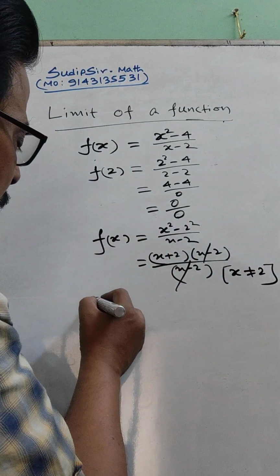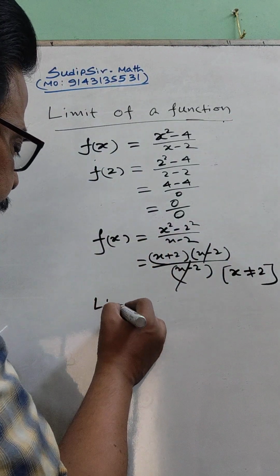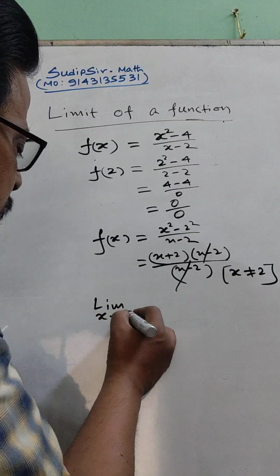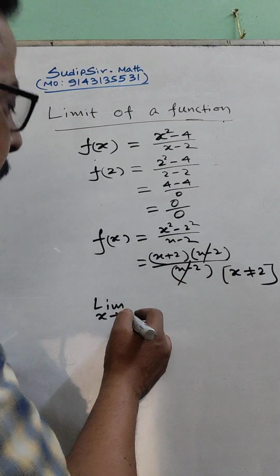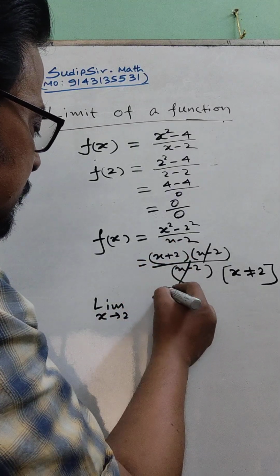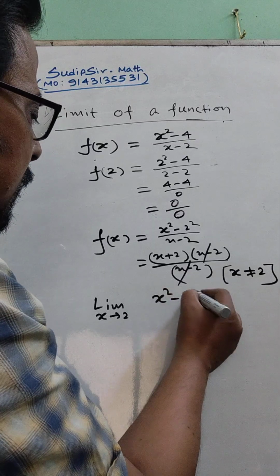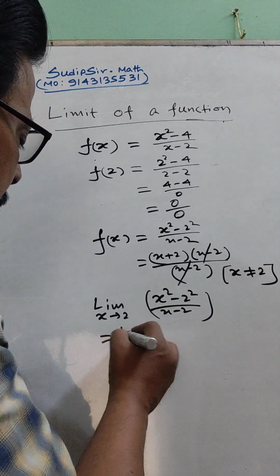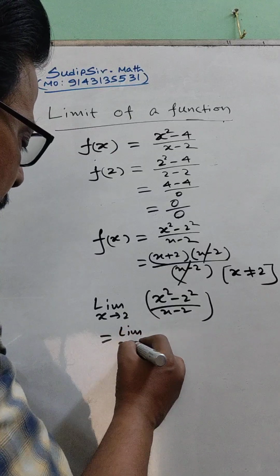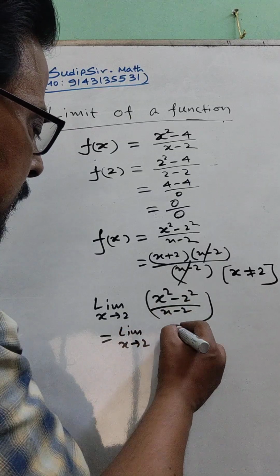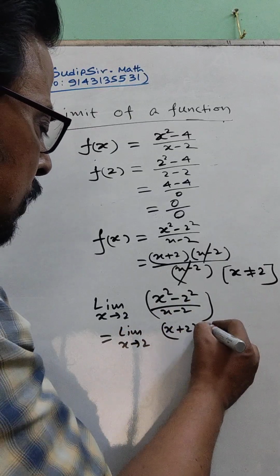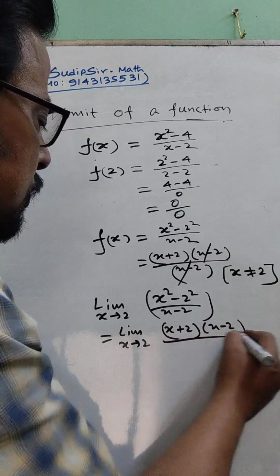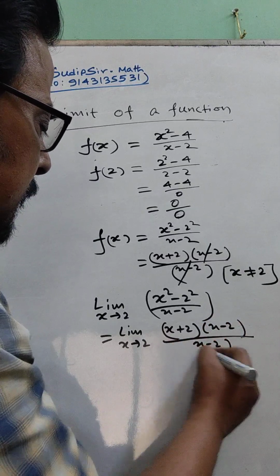That's why for limit x tends to 2, this will be (x square minus 2 square) by (x minus 2), that is limit of (x plus 2) into (x minus 2) by (x minus 2).